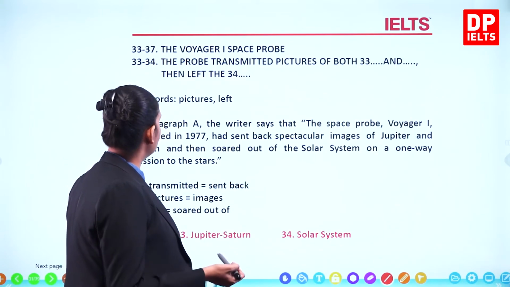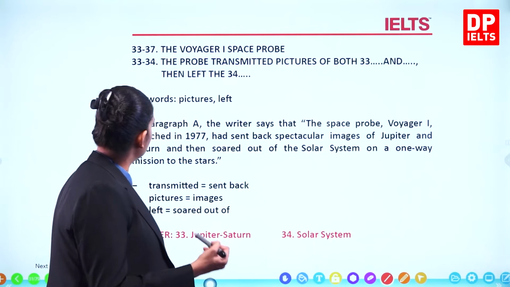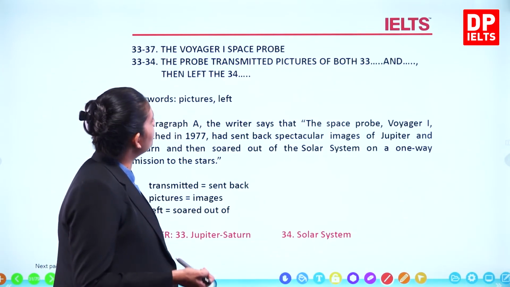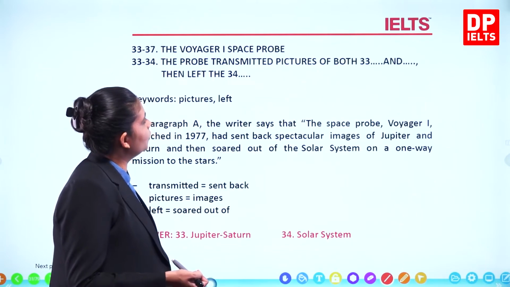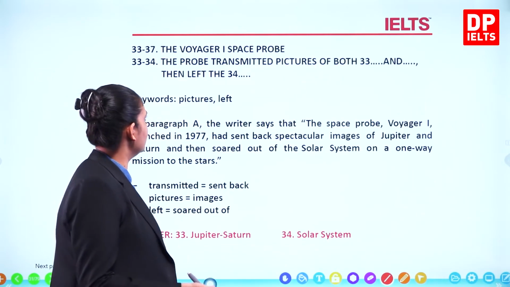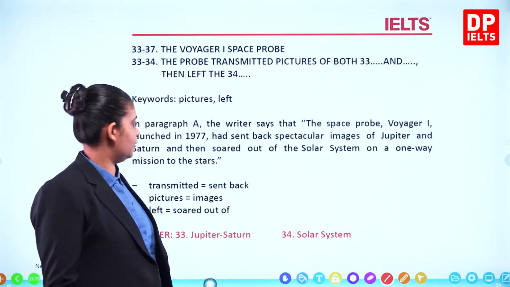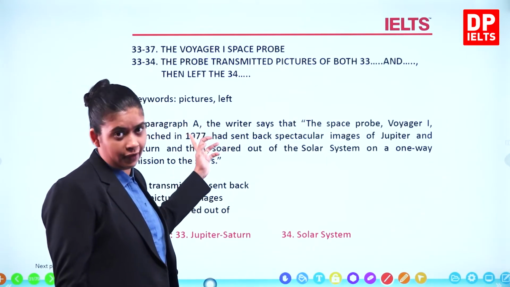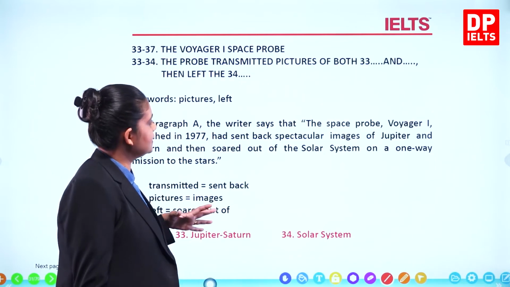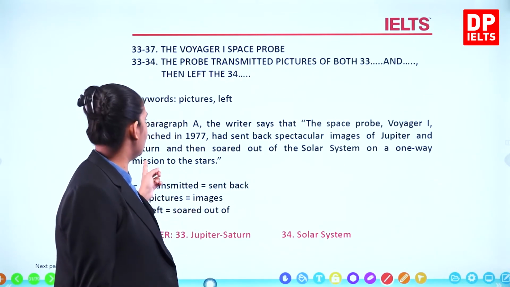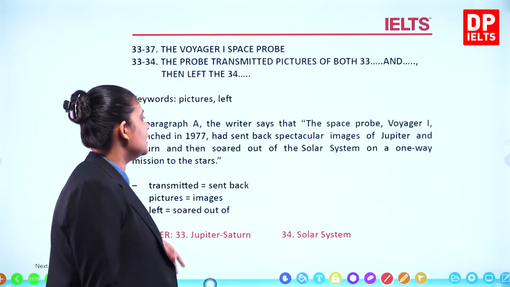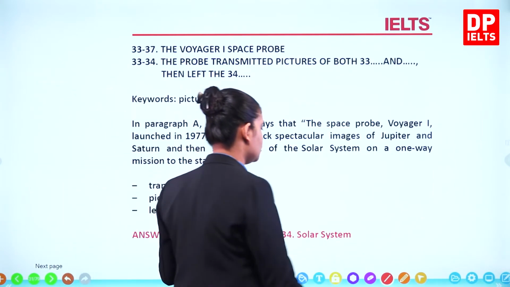33 to 37, the Voyager space probe. Okay. So here, let's start with 33, 34 questions, right? The probe transmitted pictures of both something and something, then left the what? Okay. So if you go into para A, the writer says the space probe Voyager, launched in 1977, sent back spectacular images of what?